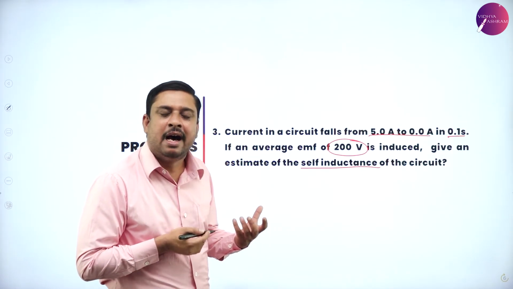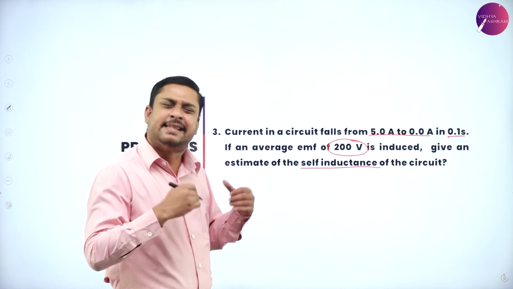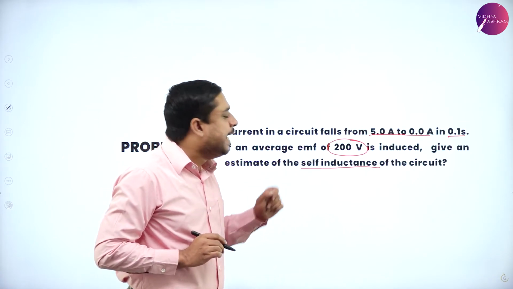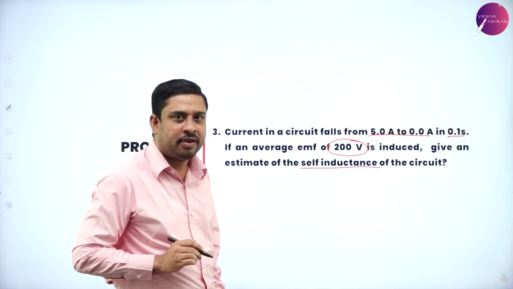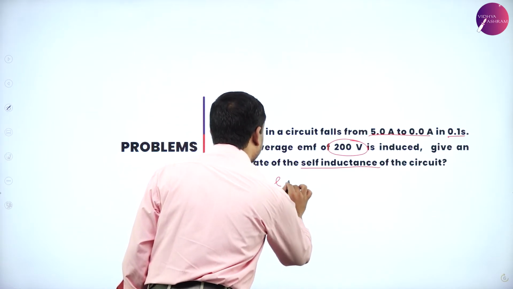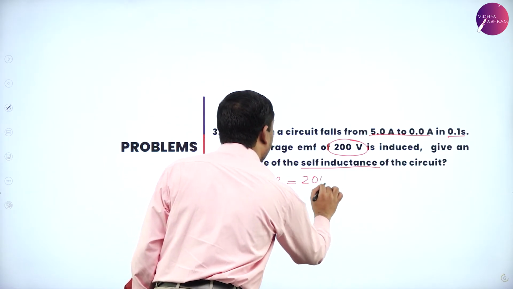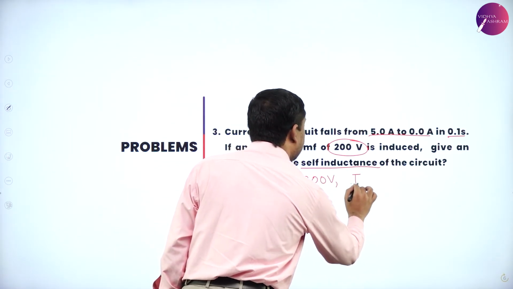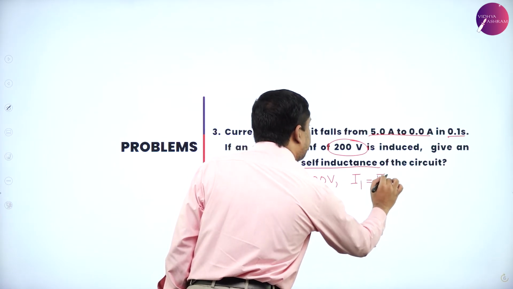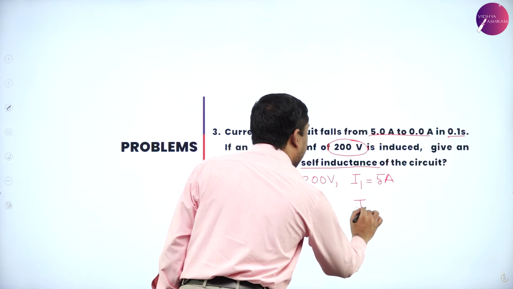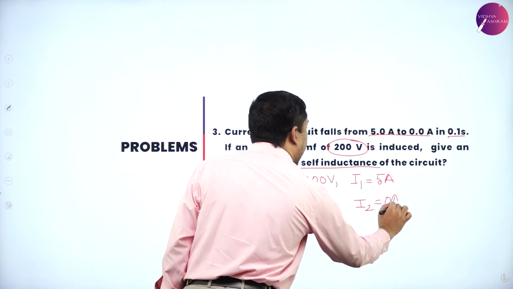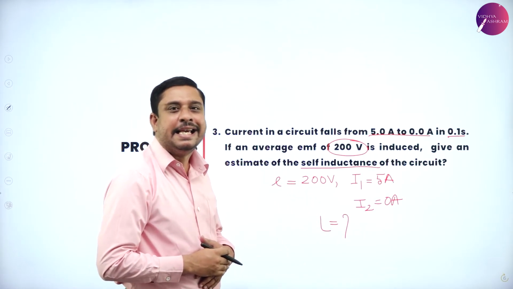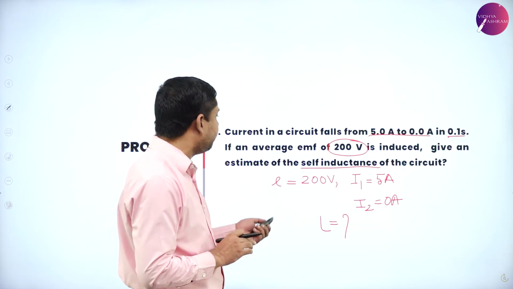Same problem from the NCERT. The induced EMF is 200 volts. Initial current I1 is 5 ampere. I2 is 0 ampere. What is the self-inductance? L has to be calculated.